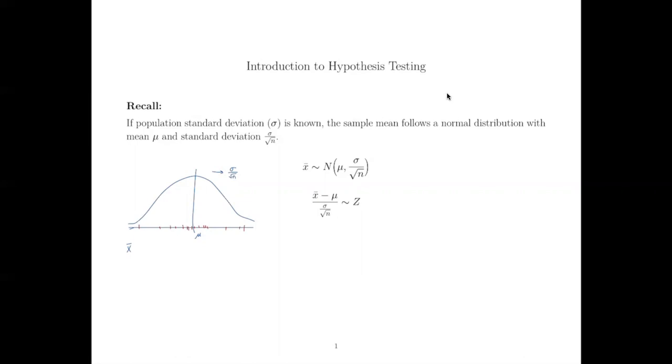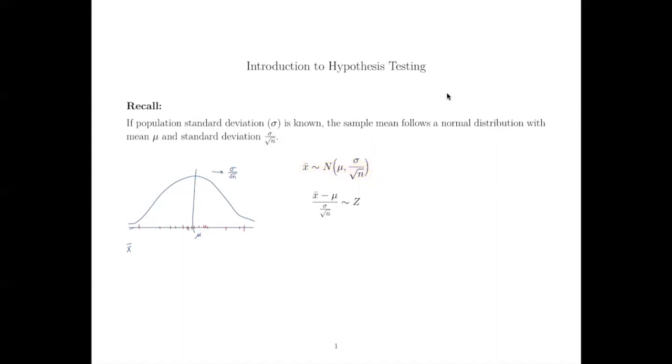So this is one way that we can write it in that notation, okay? When I read this, I say x bar follows a normal distribution, and this specifies that the mean is mu and the standard deviation is sigma over the square root of n. That's just one way to write it. Maybe I should write this in words.